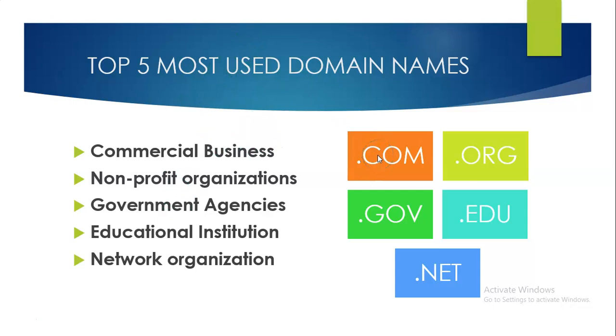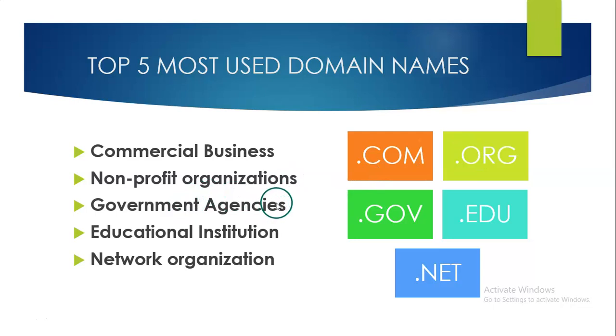The next one is the .org domain name, and it's meant for non-profit organizations, like NGOs. They are not making money; they only solicit for funds. So .org is the best for such organizations.